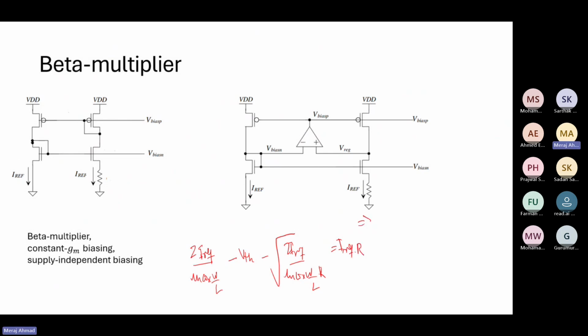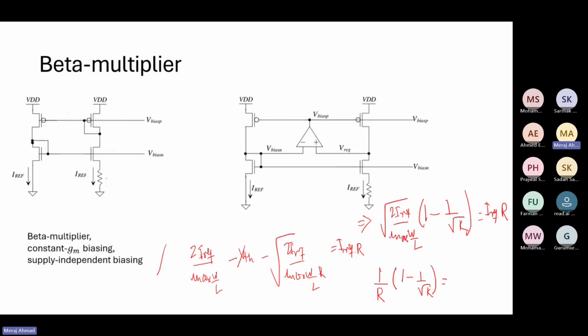So VTH gets cancelled, and what you get here is root of 2 IREF by mu n Cox W by L, just quickly simplifying it, equal to IREF into R. Okay, so I will keep 1 by R, just rearranging the terms, and this will go that side.